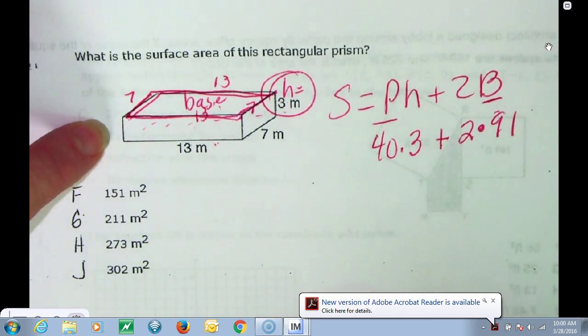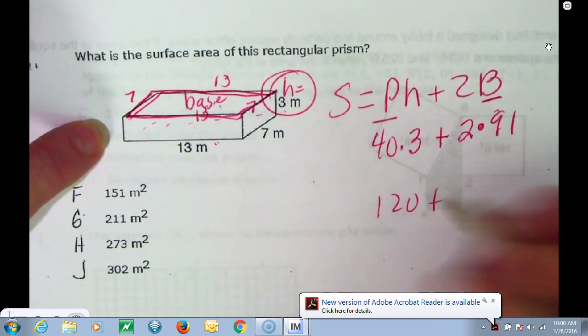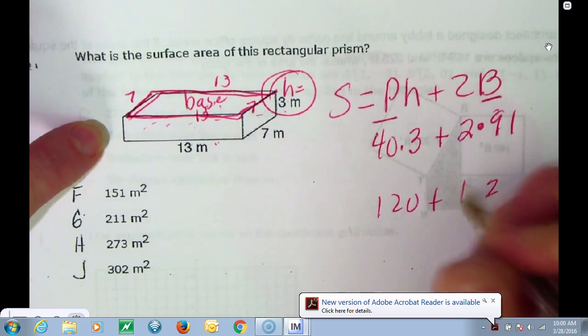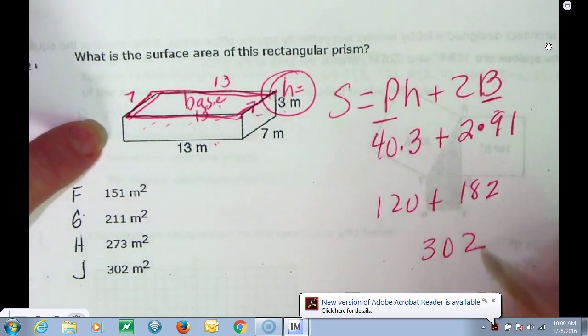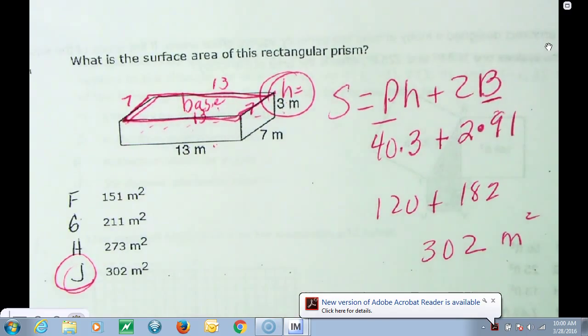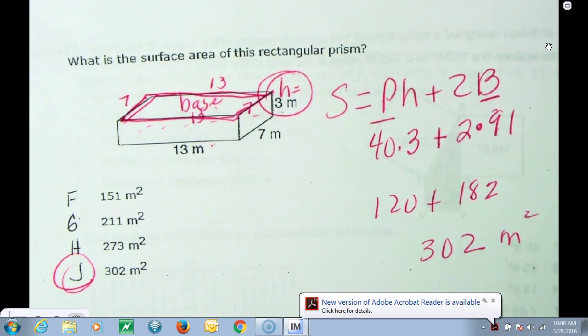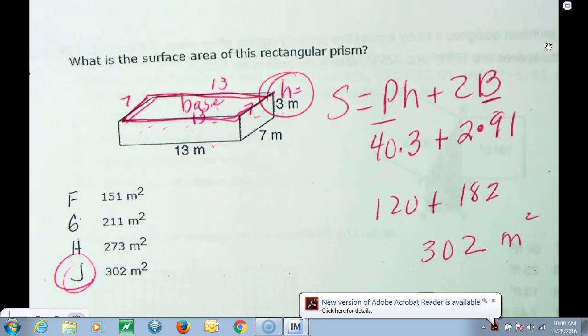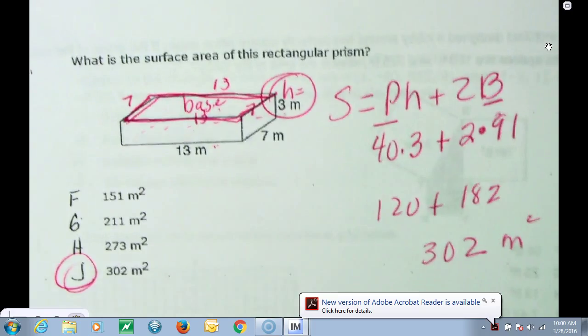And then you just multiply, and then add. 302 meters squared, because you're doing area. You're covering all the rectangles on that rectangular prism. Okay? We got total surface area of a rectangular prism.